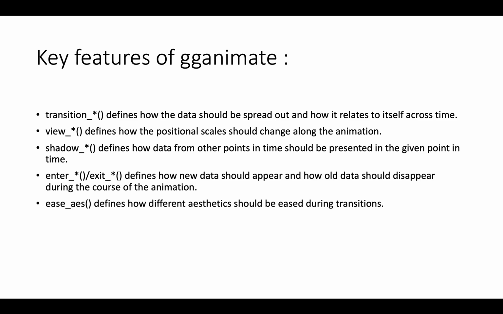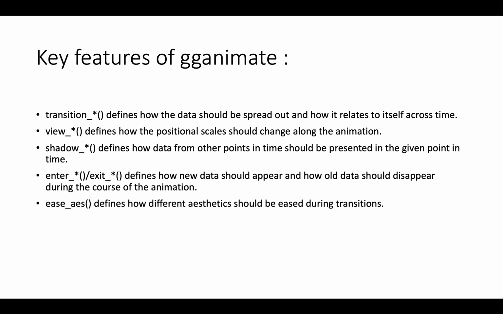These are some key features of gganimate: transition, view, shadow, enter and exit, and aesthetic. Transition defines how the data should be spread out and how it relates to itself over time. View defines how the positional scales should change along with the animation.